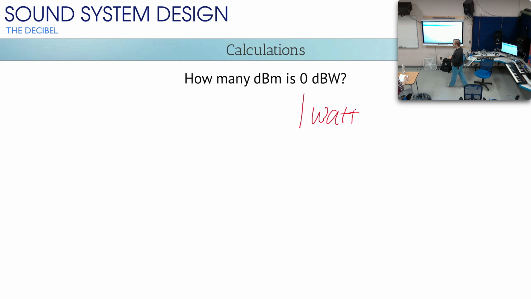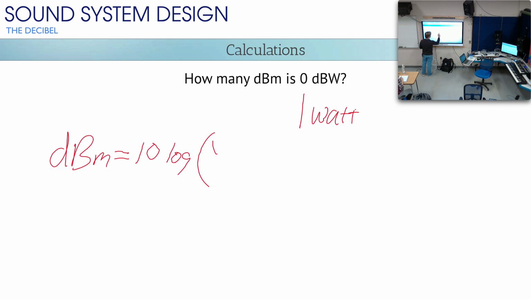Now the mathematical definition of dBm is dBm equals 10 times the log of x divided by 0.001. Okay, there's your mathematical definition of dBm.